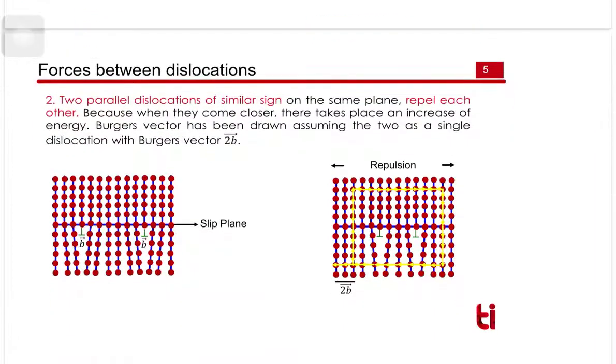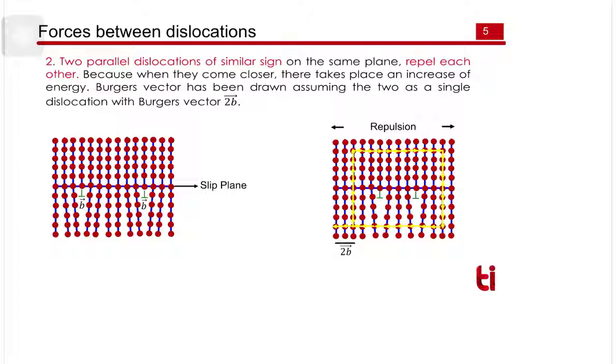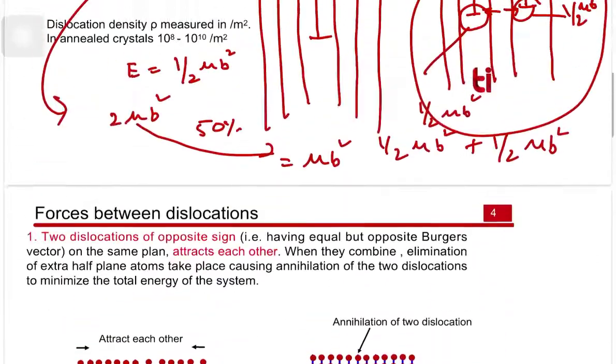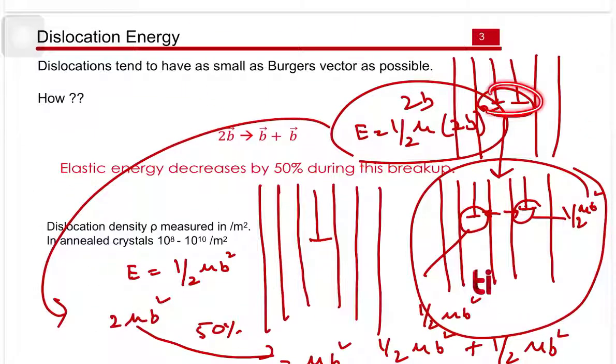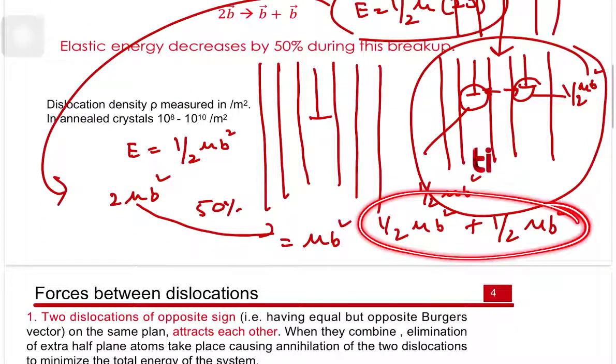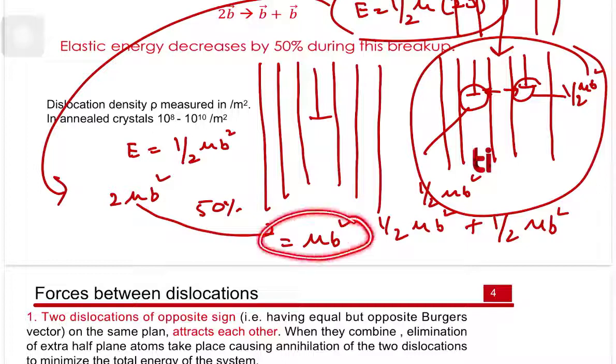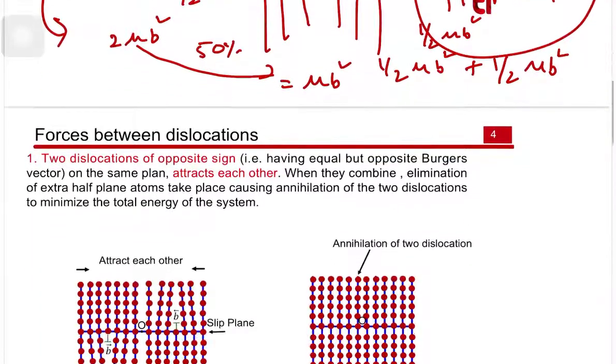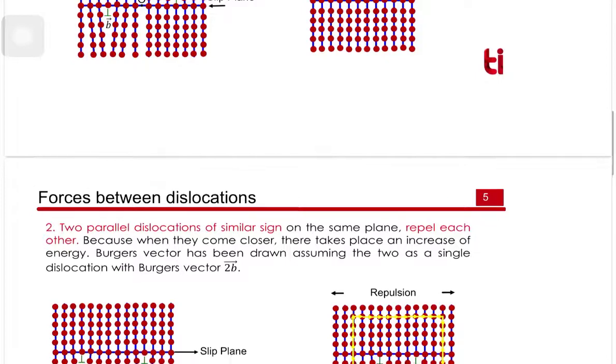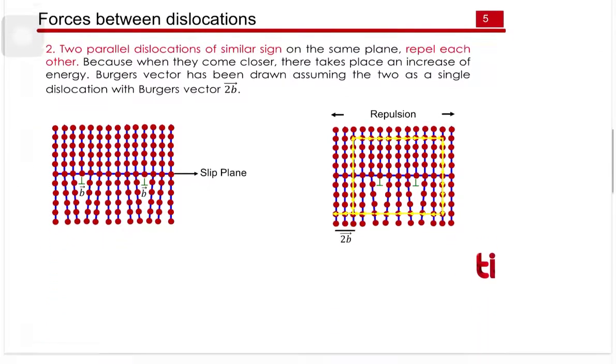On the other hand, same sign dislocations tend to repel each other, because more distortion energy. In the same way, the double dislocation has split in this way to keep the distortion energy minimum, which is 50% less than the two dislocations together.